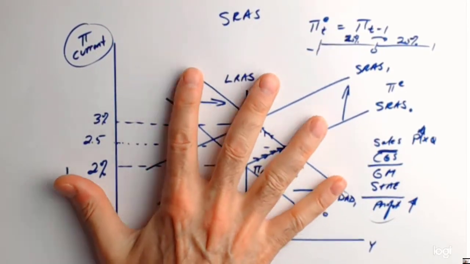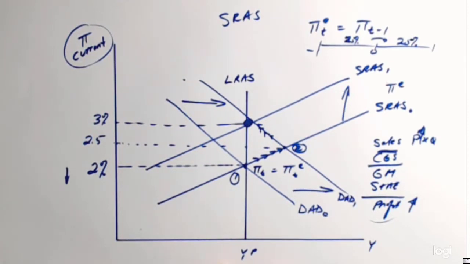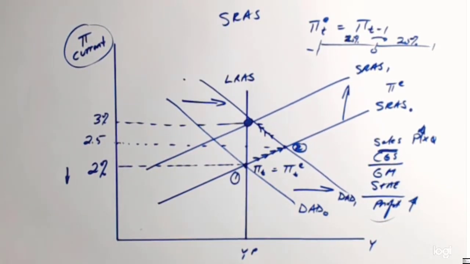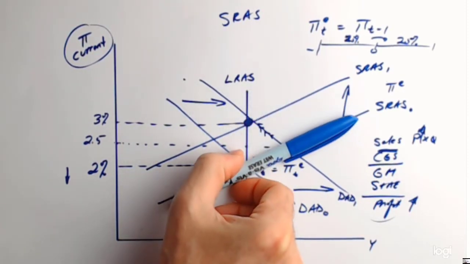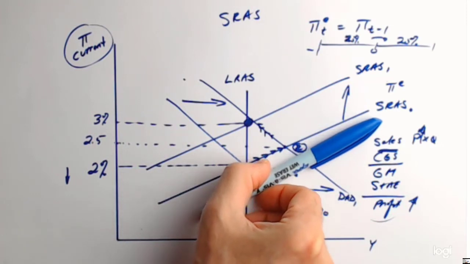Now, there's two more things I want to cover here about this model. The first thing is, whatever changes potential GDP, full employment GDP, and moves it out a little bit, will also move this short-run aggregate supply curve out over time.